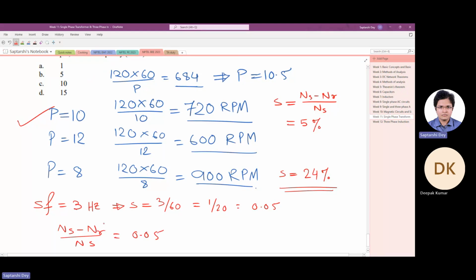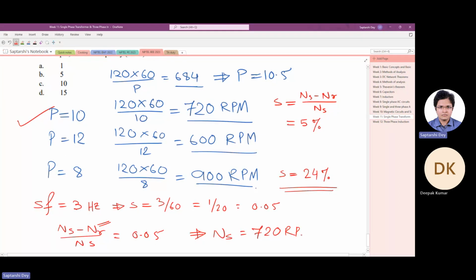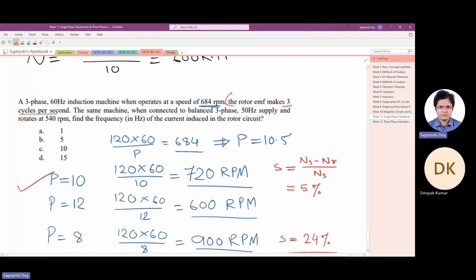In this equation, NR is known to you. So from here, you can directly solve for NS and find out that it is 720 RPM. They wanted you to do it like this, but in several places, you will see this data will not be given. You'll be simply told that it is a 3-phase 60 Hz machine rotating at this much speed. You have to find out in this fashion that the number of poles is 10.